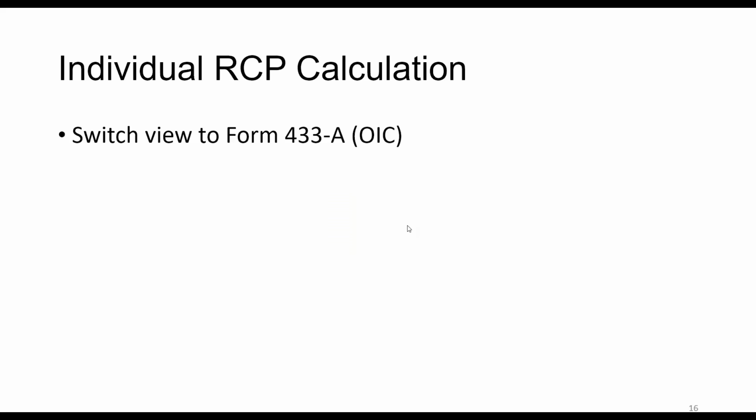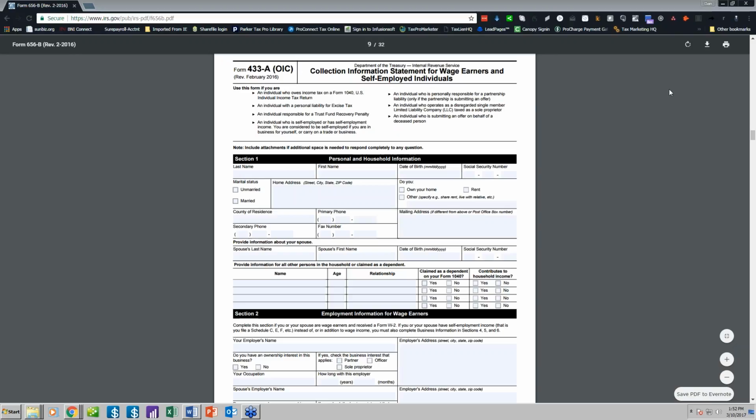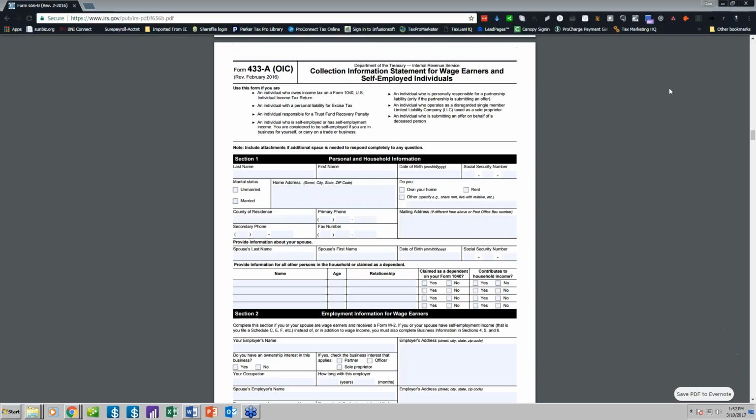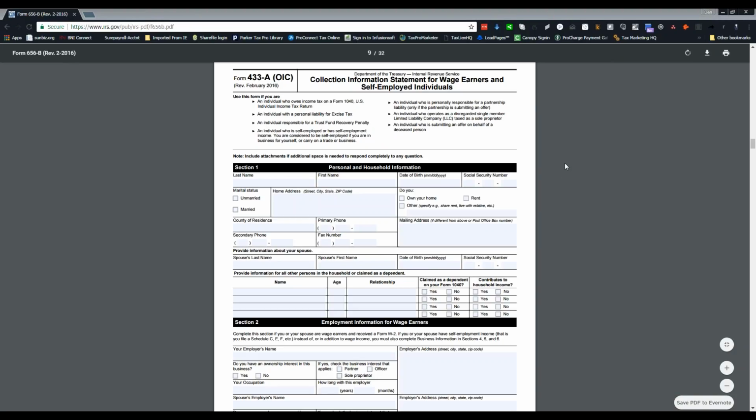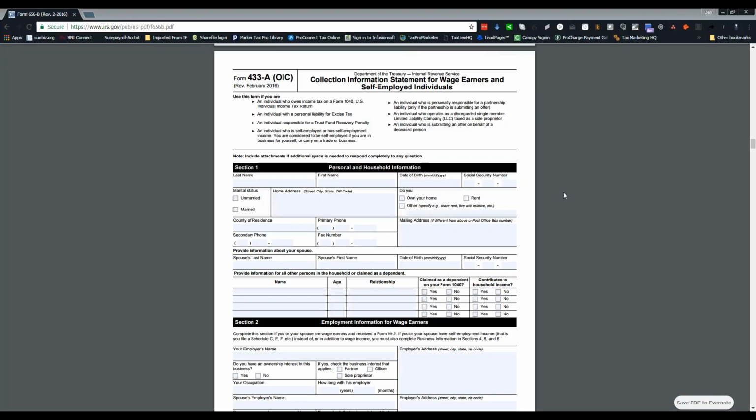Just give me one second, everyone. Let me get to the right screen. There. Can you guys see it? There you go. Okay, so we've got the offer and compromise on the screen.